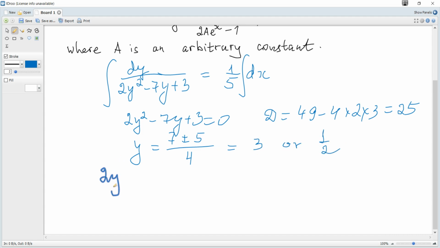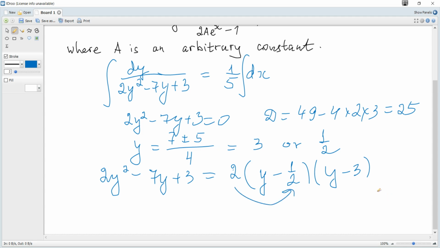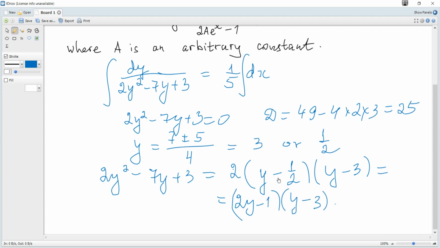Then 2y squared minus 7y plus 3 is equal to, it's just the formula, a is the coefficient in front of y squared, so 2 times y minus the first root and y minus the second root, and it just becomes 2y minus 1 multiplied by y minus 3.